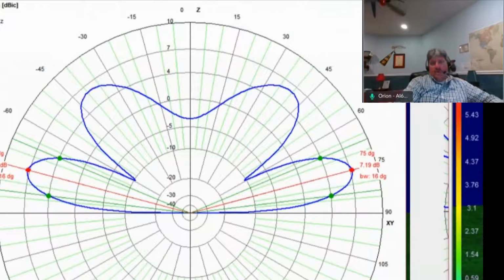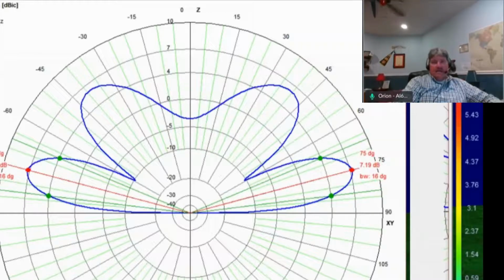So what we can see now is we have the maximum gain at 7.19 dB, so our gain actually came up from the previous one. Another good thing is that our angle of attack is now only 16 degrees above the horizon, which makes it a slightly better DX antenna.